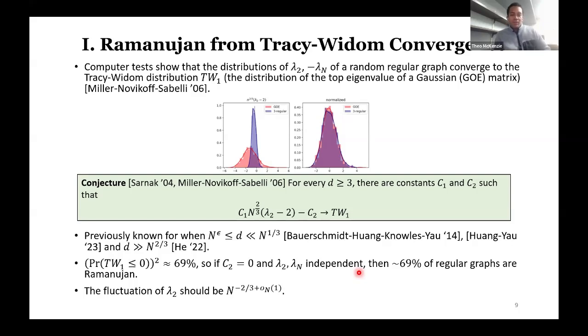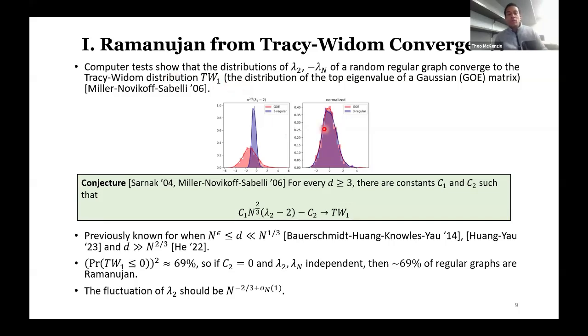What they found, and this figure comes from their original paper, is that up to some renormalization, the distribution of lambda 2, for example, approximates the distribution of the largest eigenvalue for a Gaussian matrix. So this is just some n by n matrix where all the entries are Gaussian. The distribution of the largest eigenvalue has a specific name, namely the Tracy-Widom distribution.